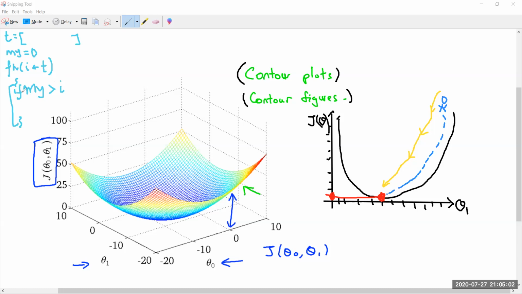If this condition is successful, then I have a new value, hence I say my is equal to I. That's all I'm doing.